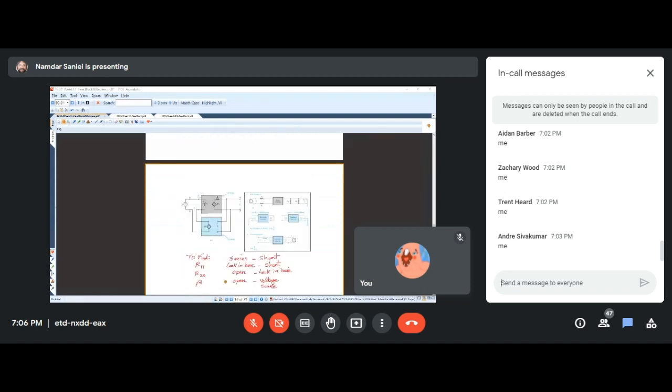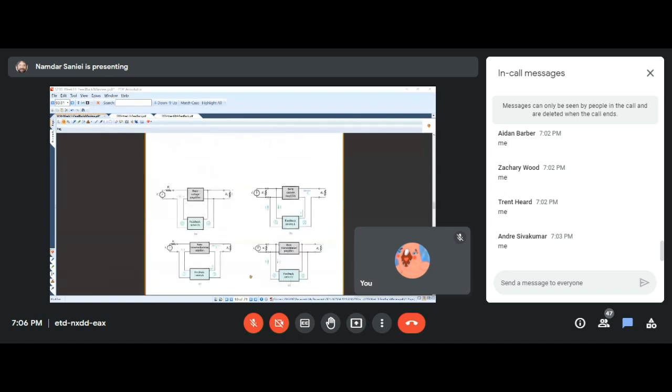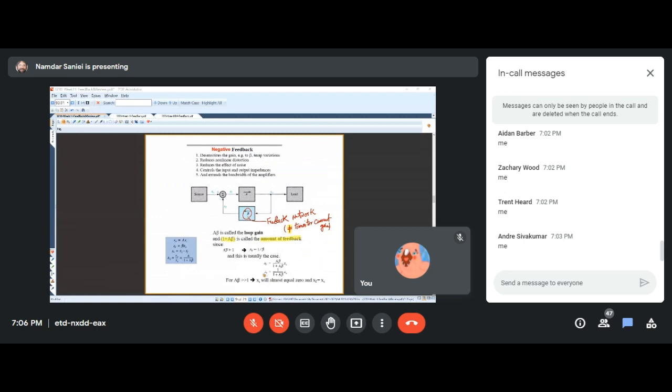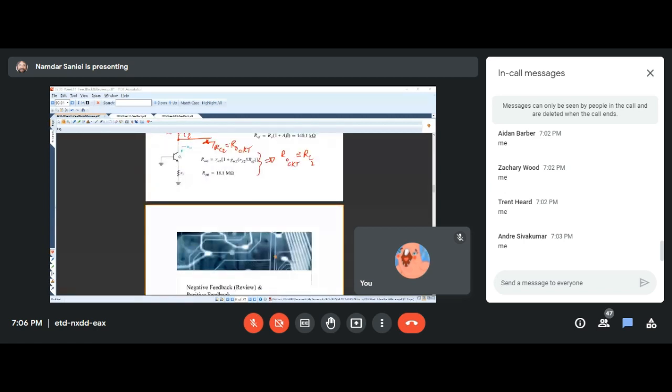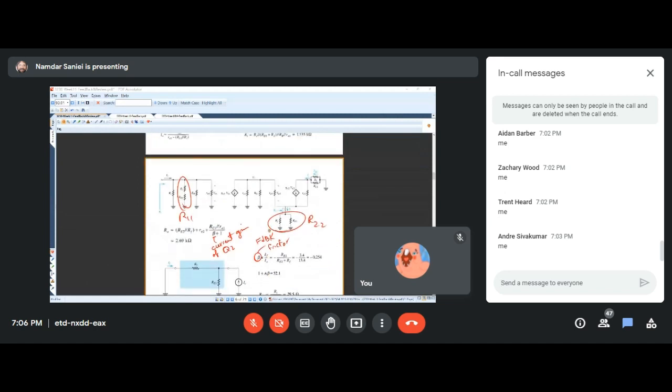This was feedback, and you know a lot about feedback. However, at the end, it boils down to your ability of analyzing circuits. It's more your techniques that you've learned in your introductory electronics.